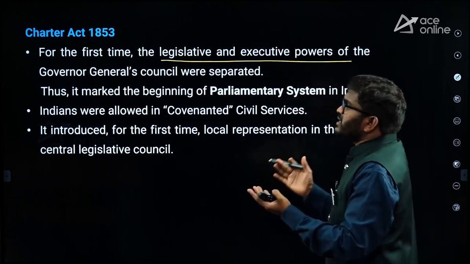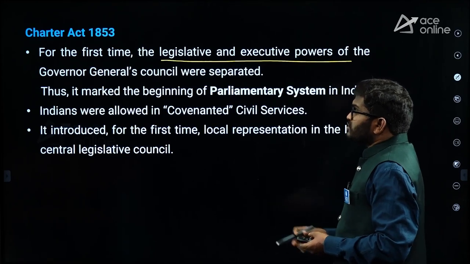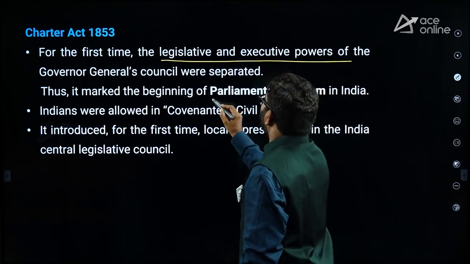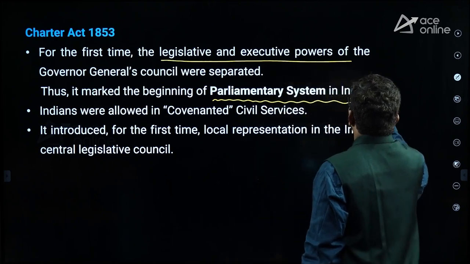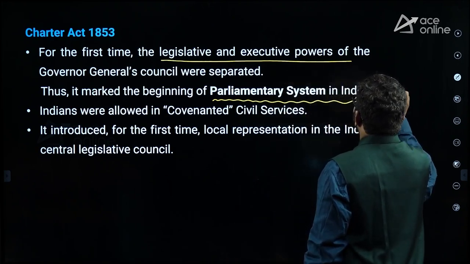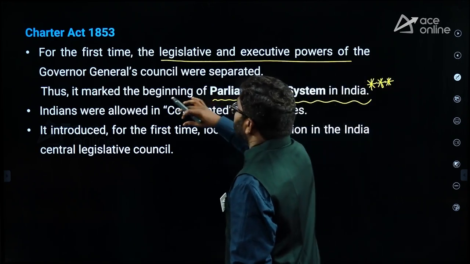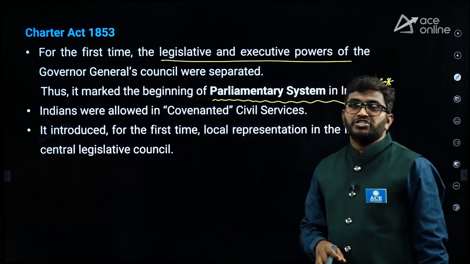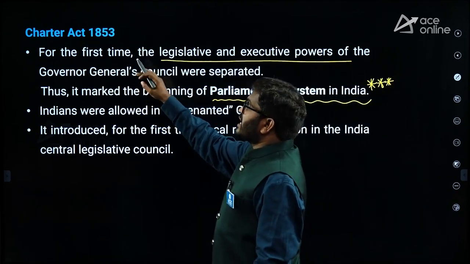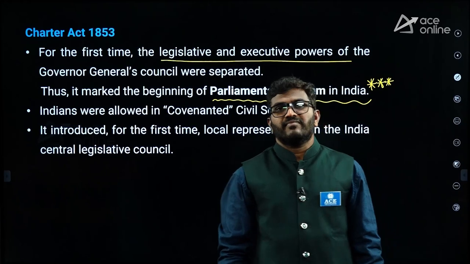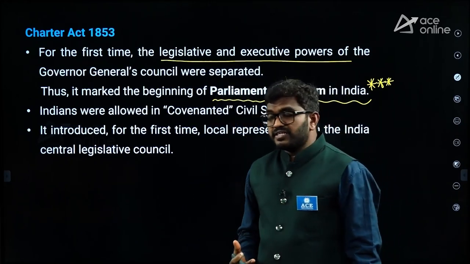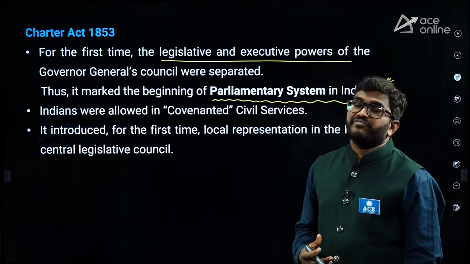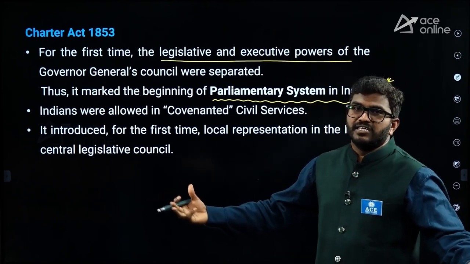So they are separated, and that marks the beginning of the parliamentary system in India. So remember, the parliamentary system in India started by the separation of legislative and executive powers through the Chartered Act 1853. Before that, it was completely the king's rule.